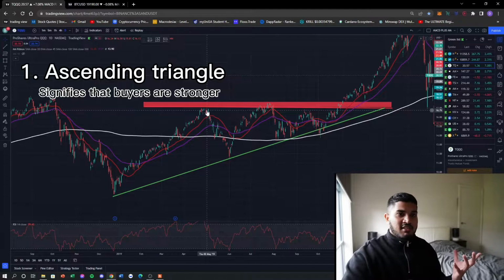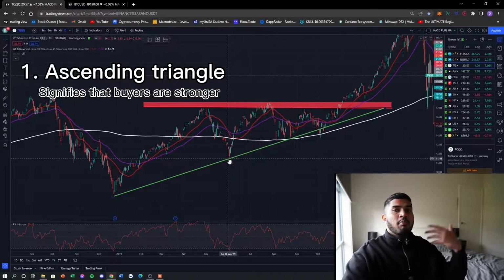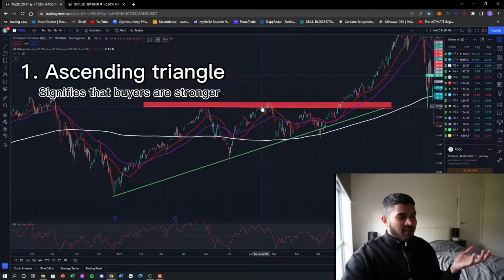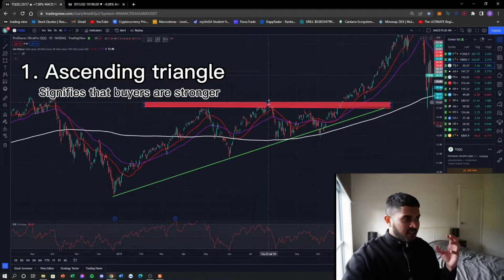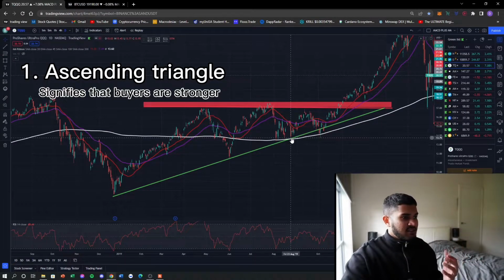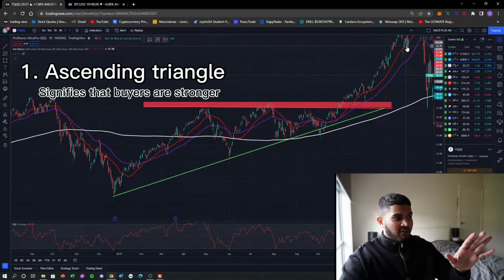Once it met resistance, it fell back down, and here at $11.63, buyers stepped in again. Once they stepped in, they kept on buying, and then once again it hit resistance somewhere around this range, then pulled back to this level of $13.75, went back up, hit resistance, fell down, and then it broke that level of resistance.